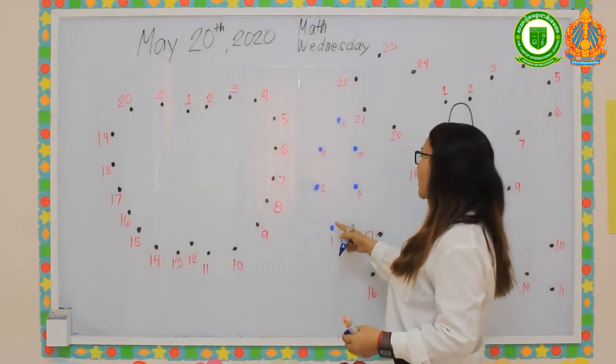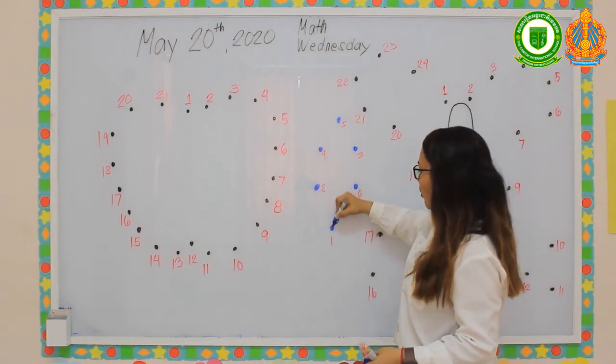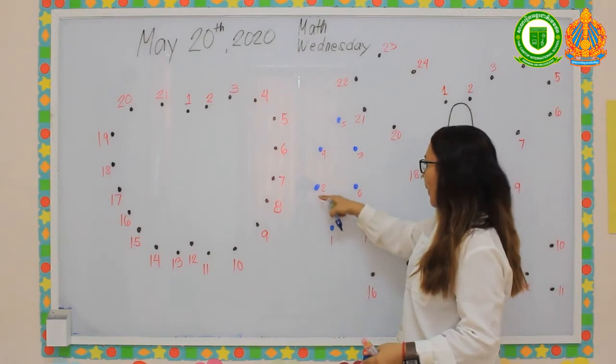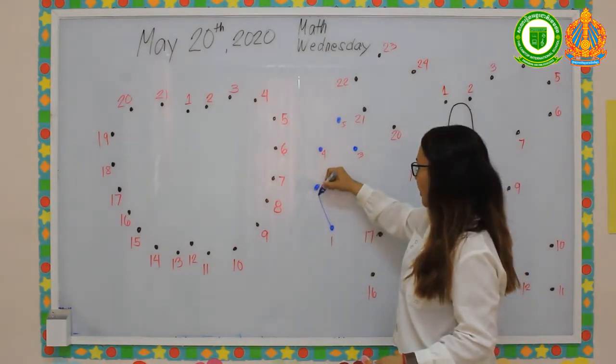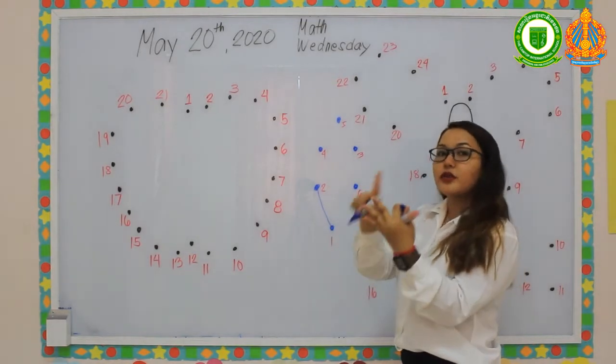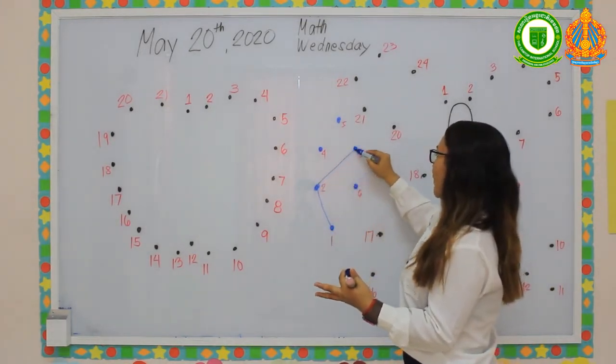So number 1, where's number 2? Number 2 is here. So we're going to draw a line from number 1 going to number 2. 1, 2. Next to number 2, 1, 2, 3. So we're going to draw a line going to number 3.